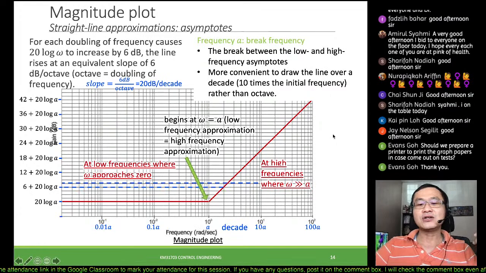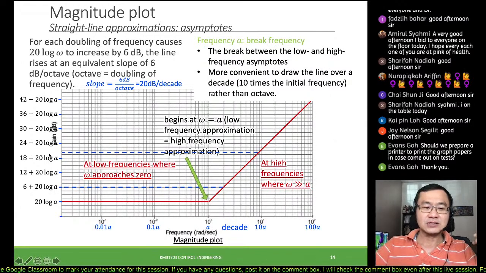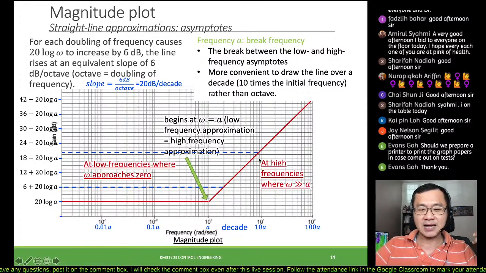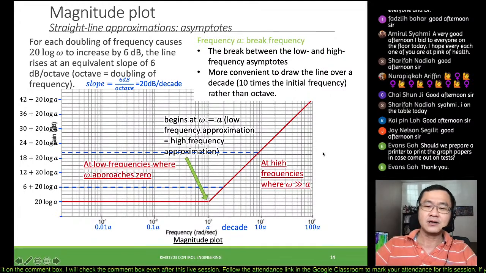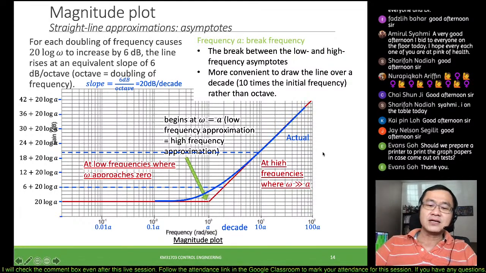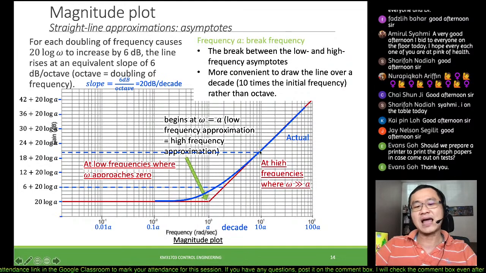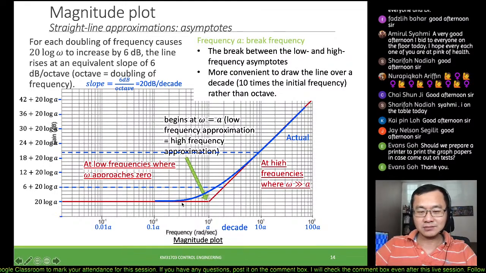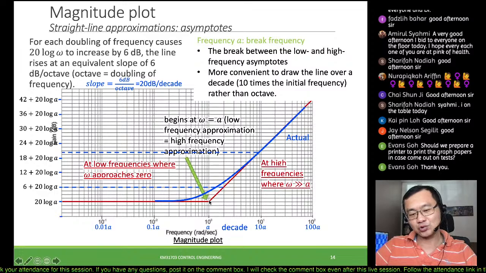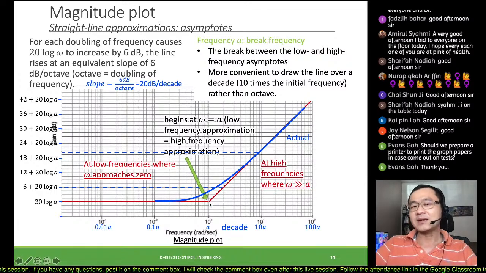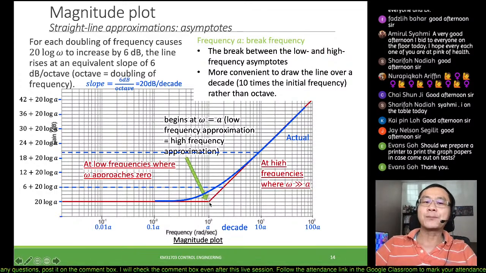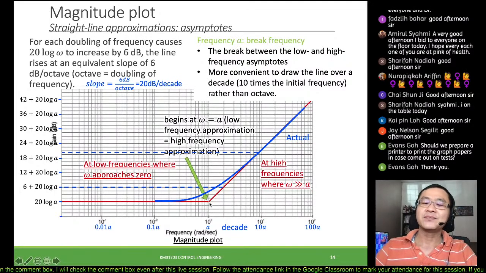But in real life, the real approximation is like this, so this is the actual line, which doesn't actually go through this particular point. But since we are using it as an approximation, it's good enough.